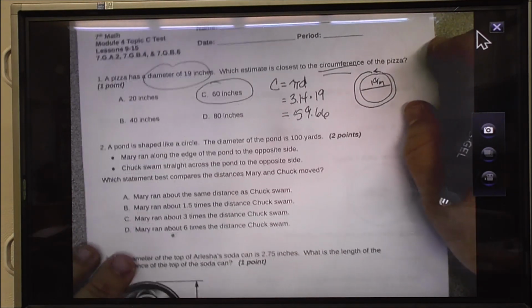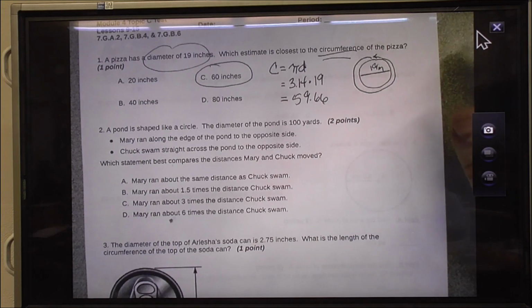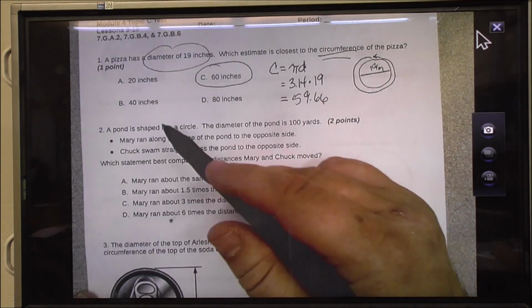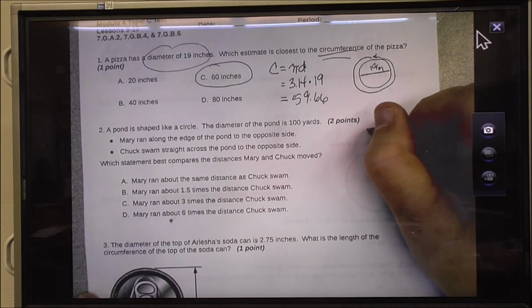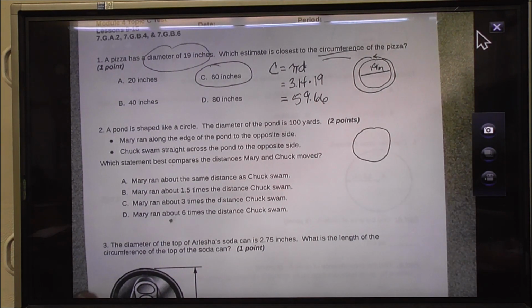Alright, this next one, number 2. I knew y'all were having problems with this one because I only had one person, I think it was Bree. I actually drew a picture of what this would look like. You have to draw a picture so that you know what this means. So we have a pond that is shaped like a circle. I'm going to draw a circle. Here's my pond.